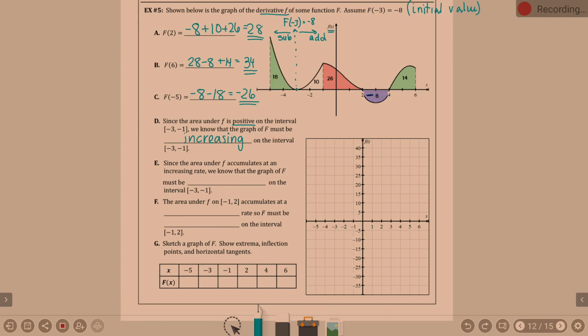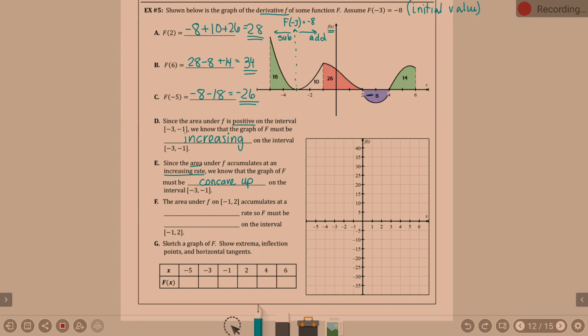Since the area under F accumulates at an increasing rate, we know that the graph of F must be concave up on the interval negative 3 to negative 1. Good job. The key here is we're talking area and increasing rate. Because it accumulates at an increasing rate, that refers to concave up.